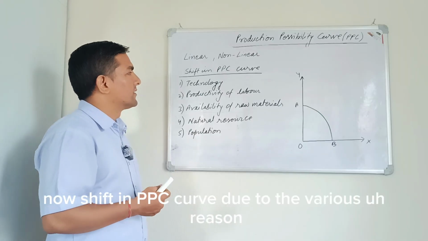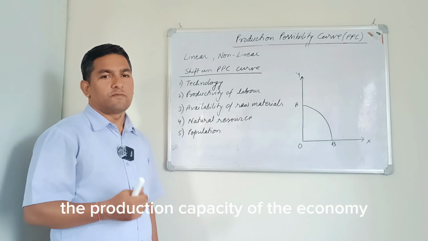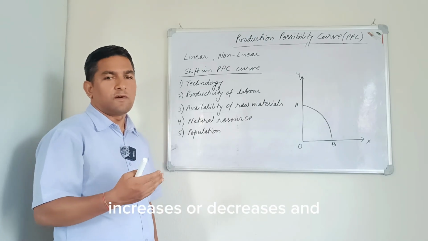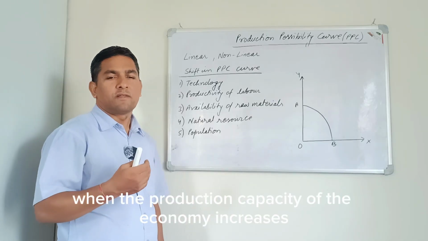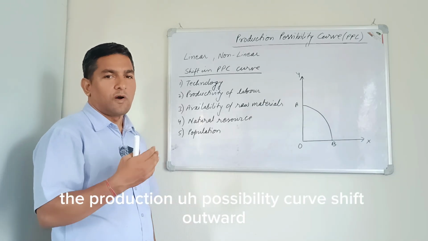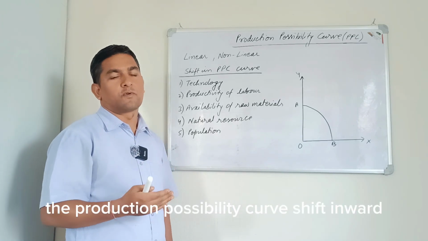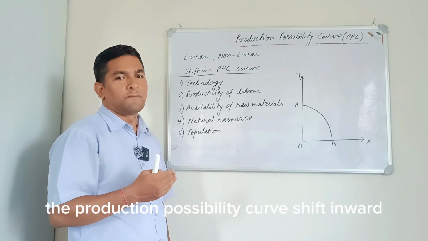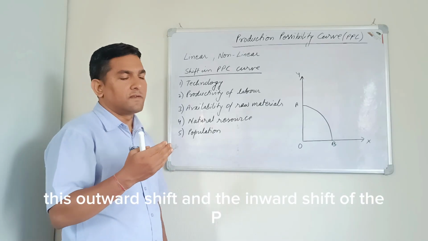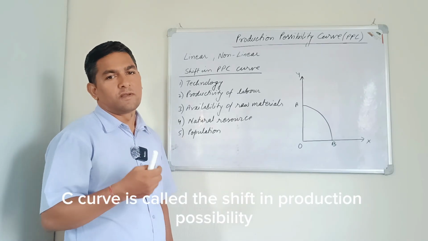In PPC curve, due to various reasons, the production capacity of the economy increases or decreases. And when the production capacity of the economy increases, the production possibility curve shifts outward, whereas when the production capacity of the economy decreases, the production possibility curve shifts inward. This outward shift and the inward shift of the PPC curve is called the shift in production possibility curve.